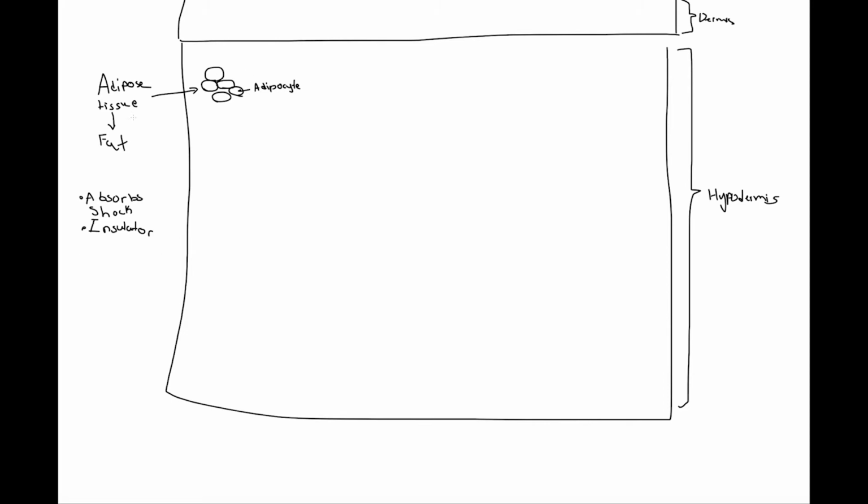Okay. What else comprises your hypodermis? Well, we actually have connective tissue in your hypodermis. And the way that works is this adipose tissue here is going to be in little lobules. So I'll draw maybe one of these lobules. This is not an accurate number of cells, but I'll just draw that to represent a lobule.